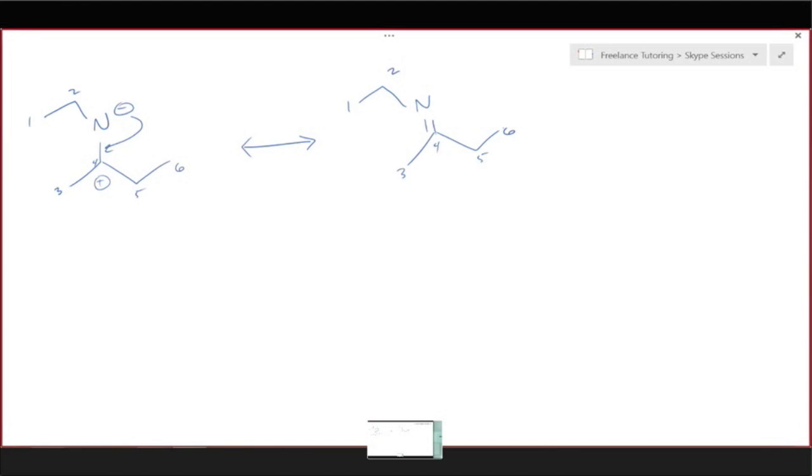Well, yeah, you could potentially have carbon-4 be an electrophile because it has a positive charge on the structure on the left. Okay, good.